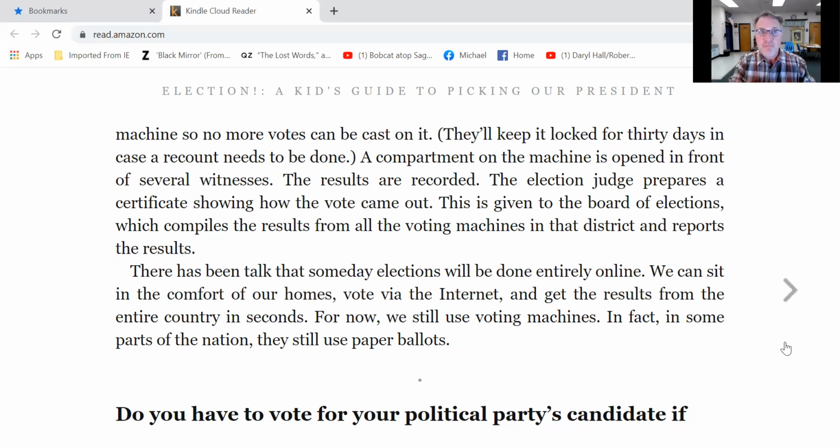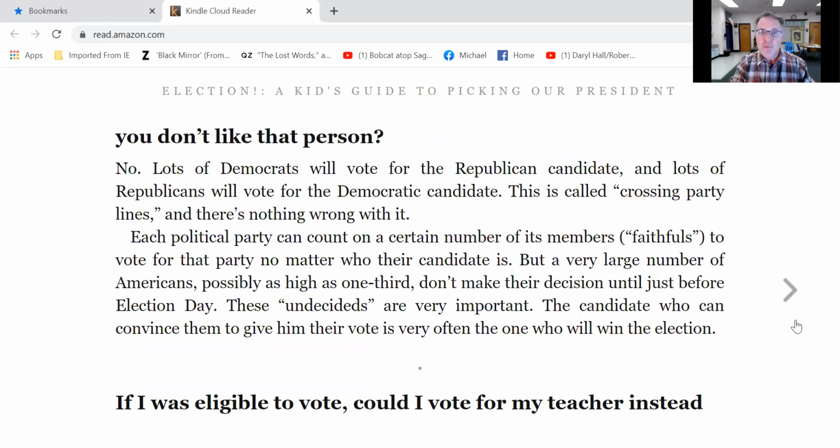So there's lots of checks to make sure that the procedure is done properly. So if you hear stories about, oh, the votes are being tampered with, it's fixed or anything like that, do know that there are many, many different layers to make sure that the votes are counted accurately.